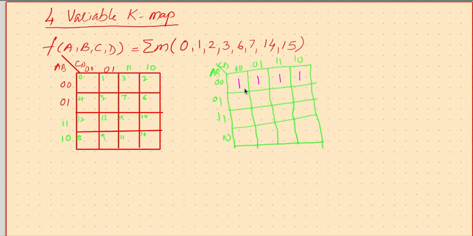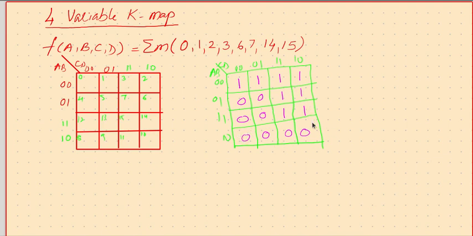This is 4, this is 5. Then for 6, it has to be high. For 7, it has to be high. Then 8, 9, 10, 11, 12, 13, 14, it has to be high. 15, it has to be high. And all other things which are not present here, it means that for all those combinations, the output is going to be low.